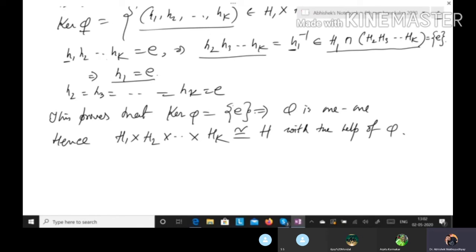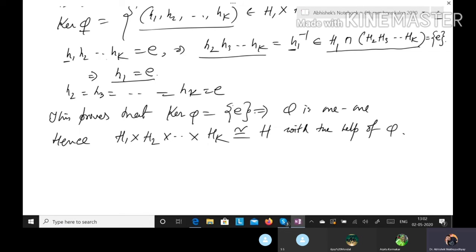So this completes the proof of our theorem containing 4 statements, and each one will imply the other. Each one is equivalent to the other. So all these statements are equivalent.